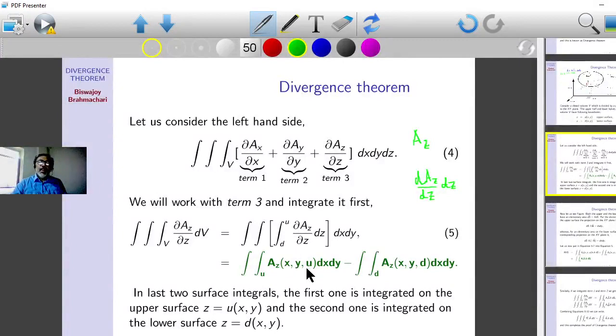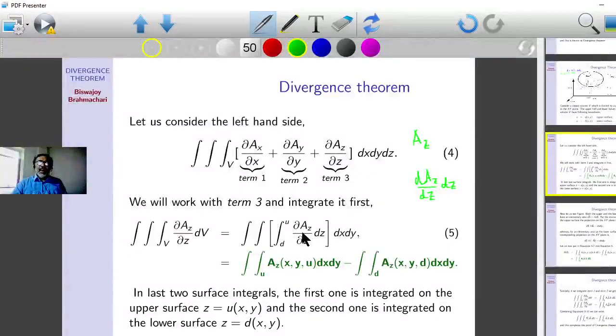So first we put u here, the upper limit, minus Az(x, y, d), which is the lower limit, times dx dy. This minus sign has come when we have taken the limits. After doing the integration, when we have substituted the limits, we have obtained this minus sign.